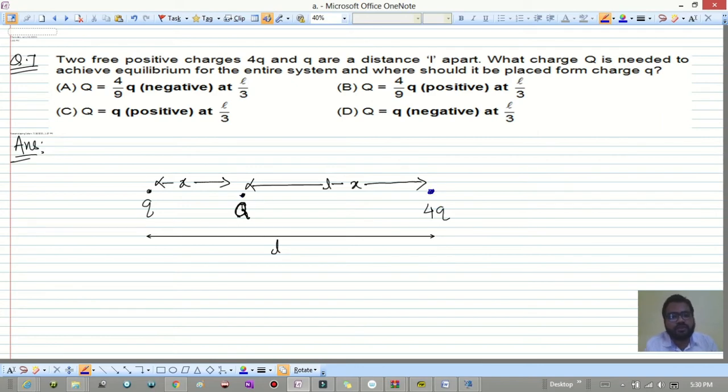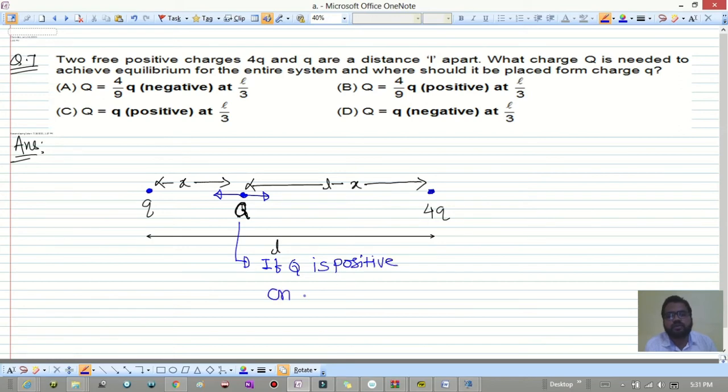Due to 4q on capital Q, there will be a repulsion. Due to small q on capital Q, there will be a repulsion. And yes, on capital Q, equilibrium is possible if capital Q is positive. Now we'll check the equilibrium on small q.